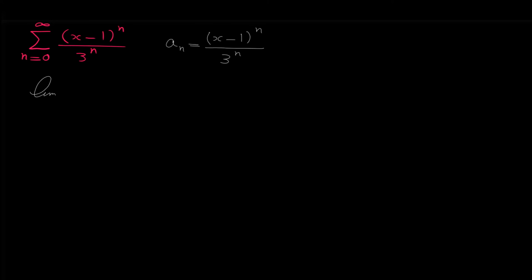Based on the ratio test, a series in general is convergent if this limit is less than 1. When a sub n is (x minus 1) to the power of n over 3 to the n, a sub n plus 1 is (x minus 1) to the power of n plus 1 over 3 to the power of n plus 1.